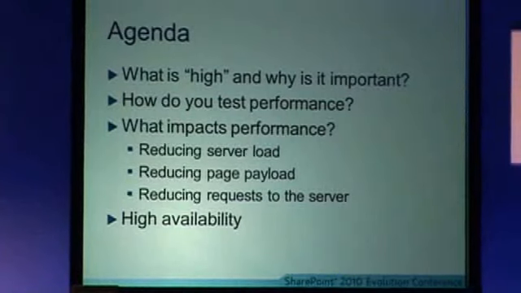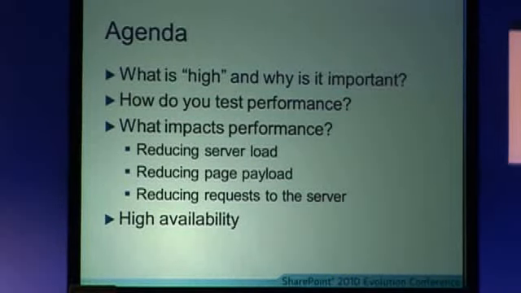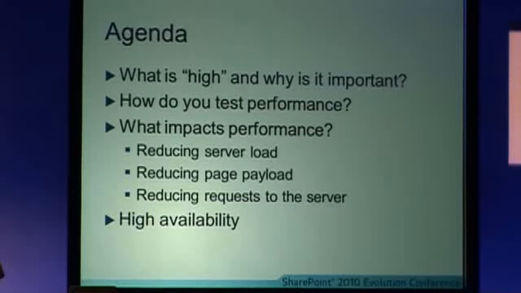How to reduce the load that your server has to deal with. How to reduce the page payload, so how to reduce the total amount of data that's going down the wire to the browsers, and how to reduce the number of requests that are actually going to hit the web server. And then I'll talk a bit about high availability.